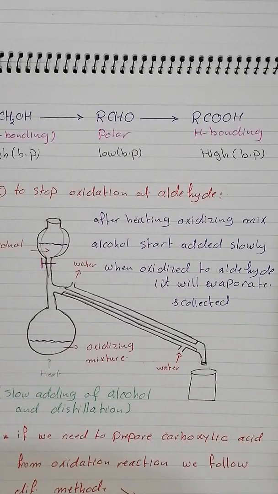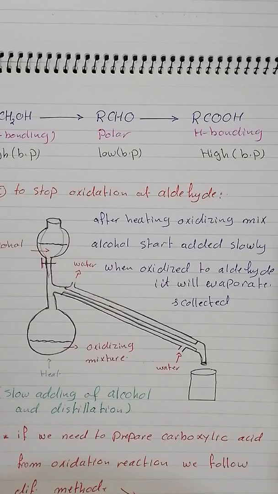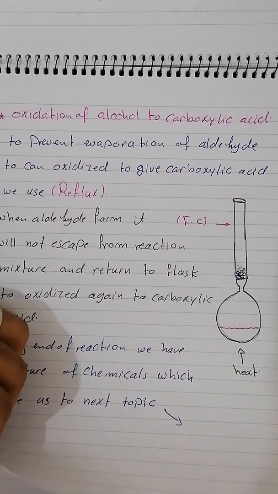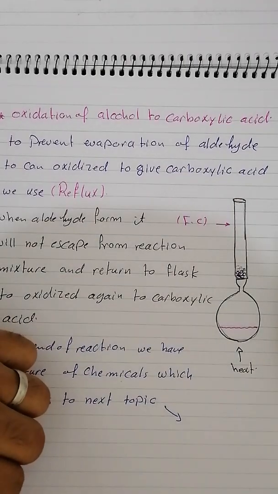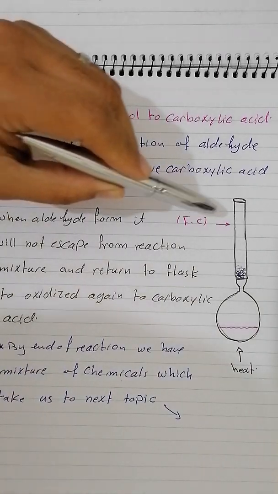Now, to complete the reaction to carboxylic acid, we need to follow a different procedure. To prevent evaporation of aldehyde, we will use heating with reflux. Heating with reflux, here we will have a fractionating column.